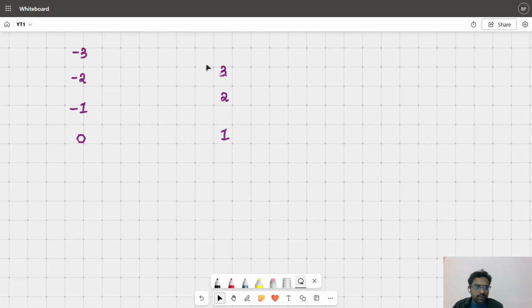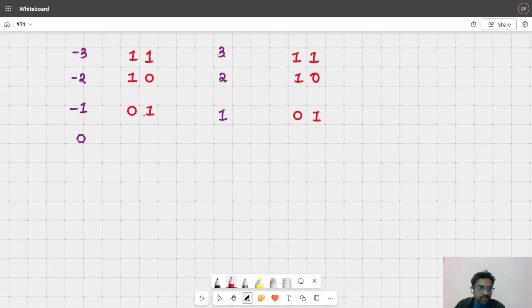Why do I want to represent all these? You will get to know in the next few minutes. First, let's write down the magnitudes. Here it is 0 0 for zero, 0 1, 1 0, 1 1. For -3 the magnitude is 3, so 1 1. For -2 the magnitude is 2, so 1 0. For -1 the magnitude is 1, so 0 1. And for 0 the magnitude is 0 0.